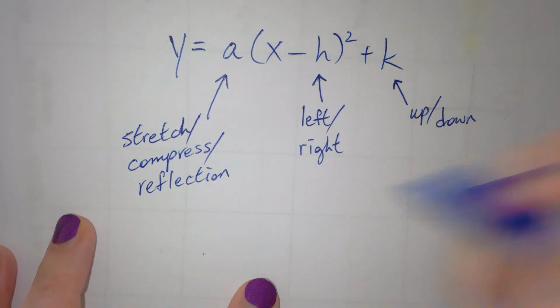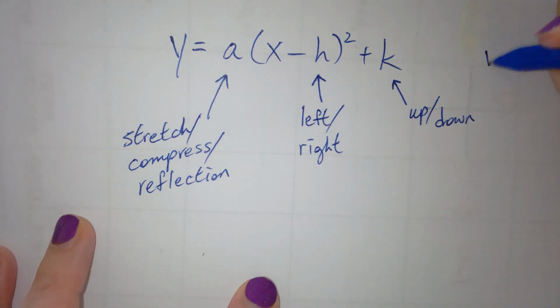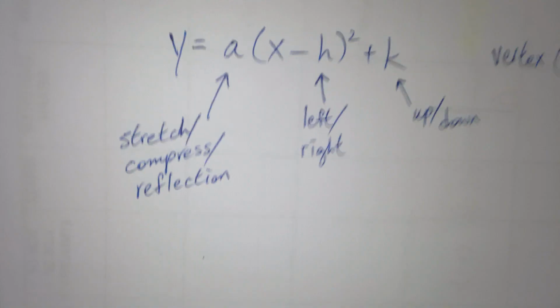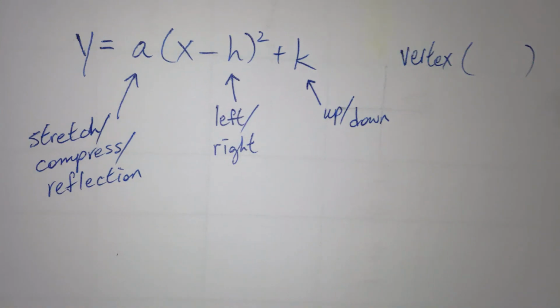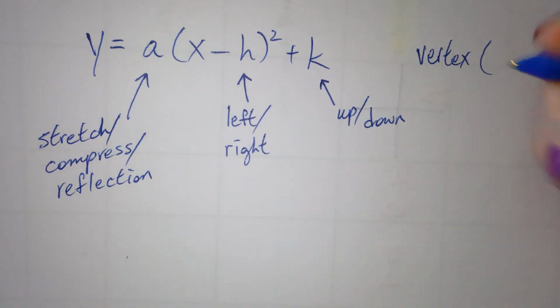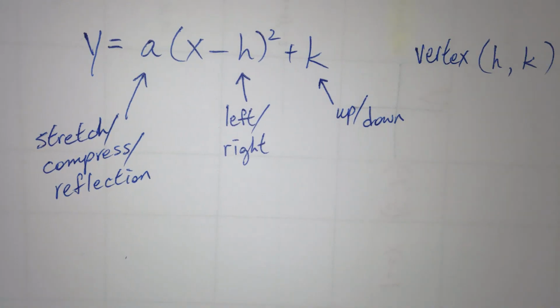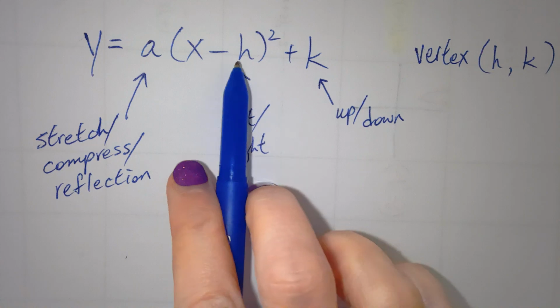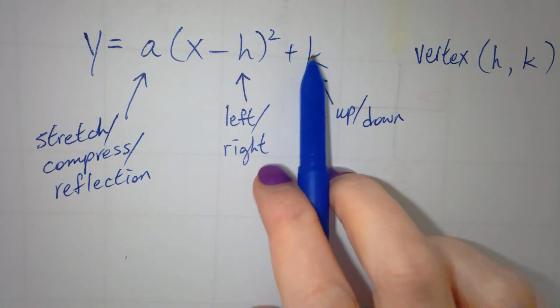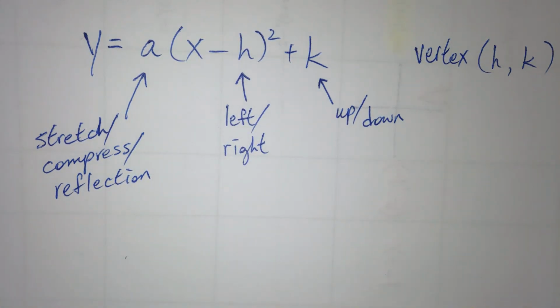If it's in this format, what is my vertex? If this is the general form, what is my vertex? (h, k). Remember, this is the left, right, and this is the up, down. I'll give you a few examples.